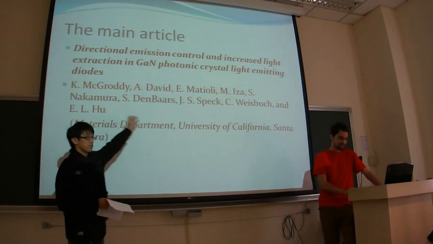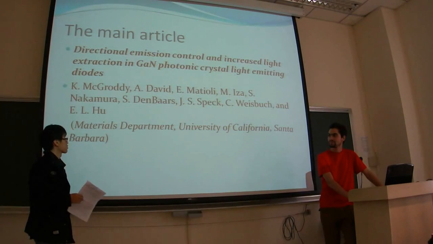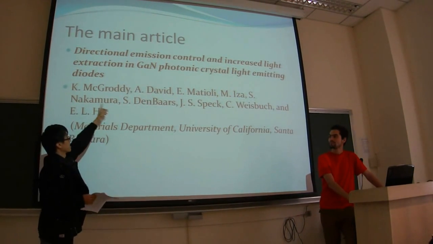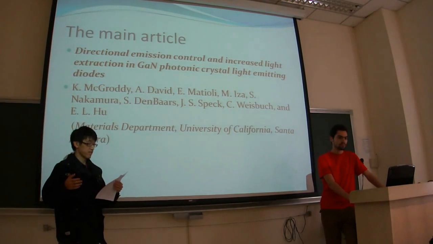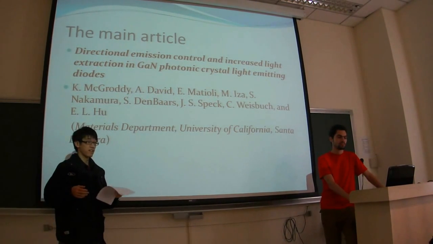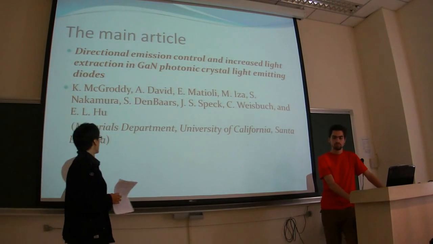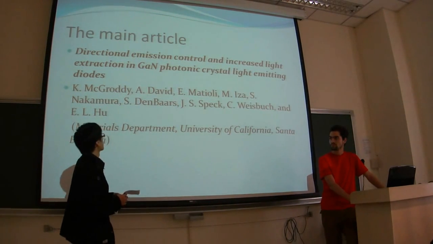And these are the authors, and this table is their structure. Their lab mainly does nanophotonics, solar energies, and also bio-inspired materials, and they are from the materials department of University of California, Santa Barbara.